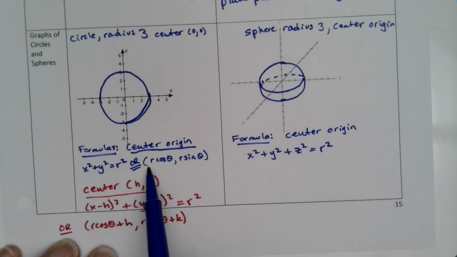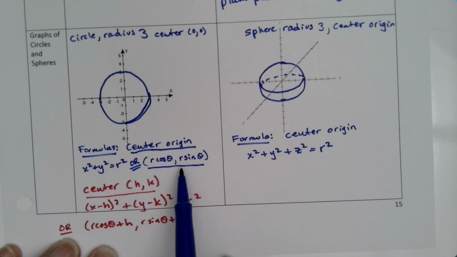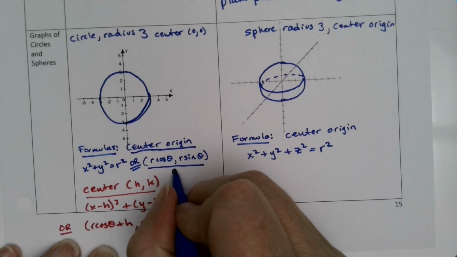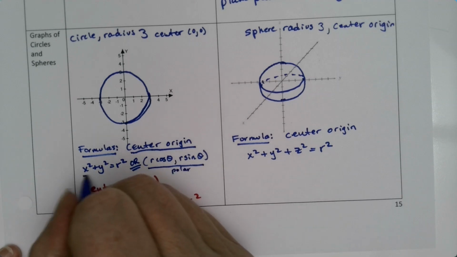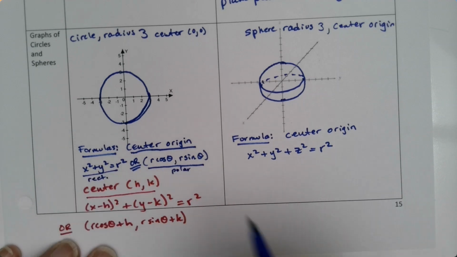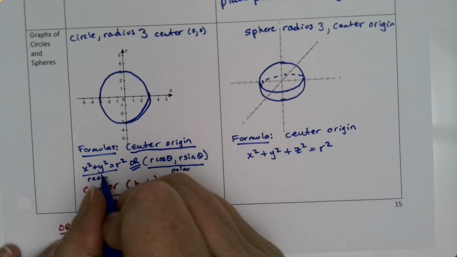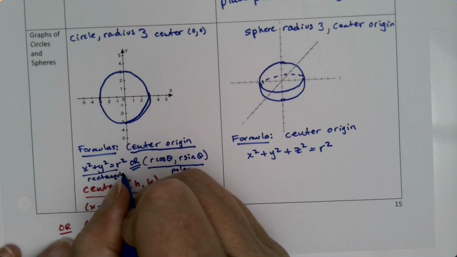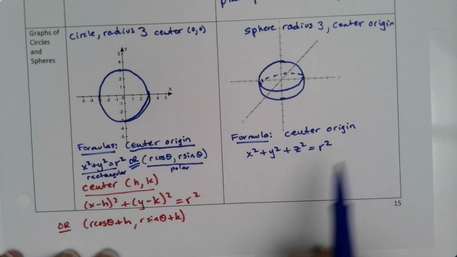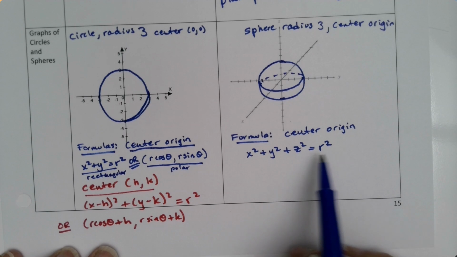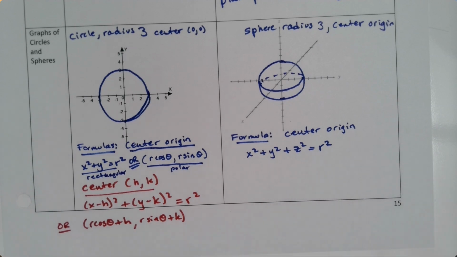So right now there's no equivalent to this polar form. So this is polar and this is rectangular. And right now there's no three-dimensional polar yet, but it's coming. There's two polar forms in 3 dimensions, called cylindrical or spherical, but we don't know them yet. So we're just going to hold off.